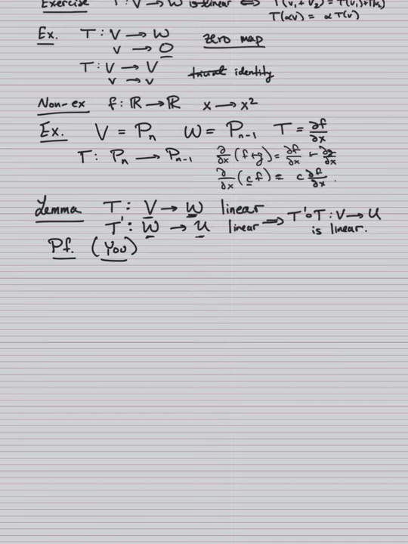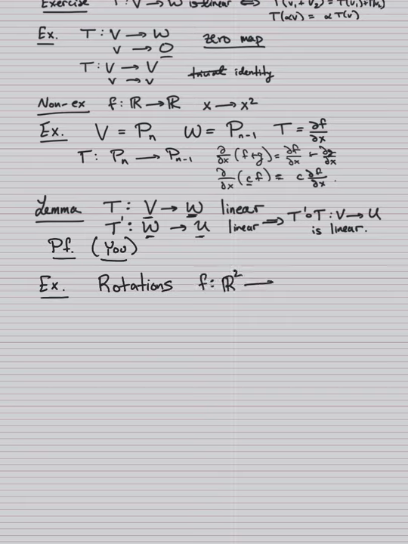Let me give you an example that is still kind of shocking to me. When I first learned linear algebra, at some point I was shocked that rotations were linear.